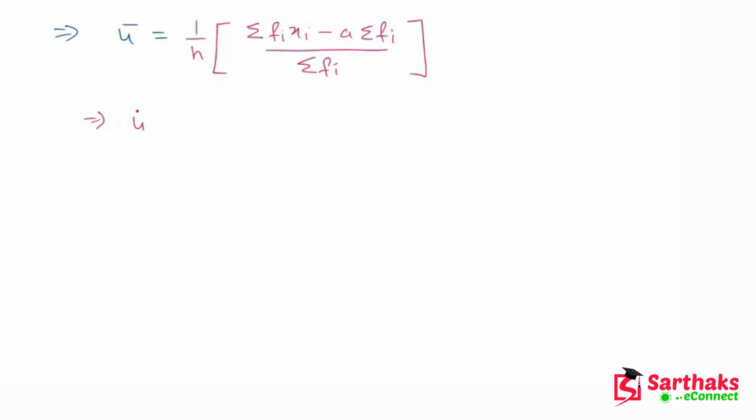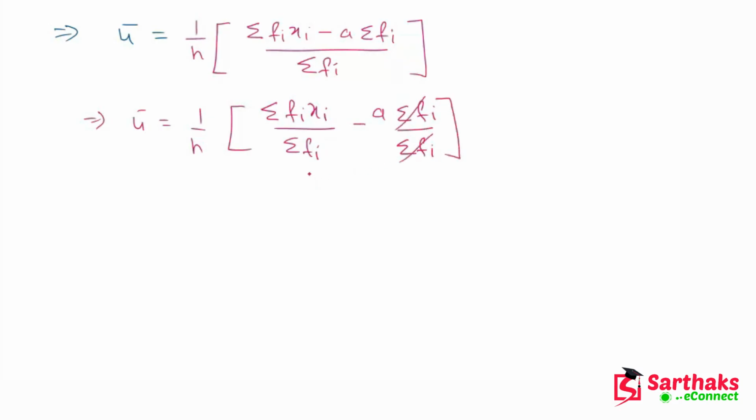So u bar is equal to 1 upon h, and if you separate this, we get summation of fi xi divided by summation of fi, minus a into summation of fi upon summation of fi. This will be cancelled, and we have u bar is equal to 1 upon h into (x bar minus a).